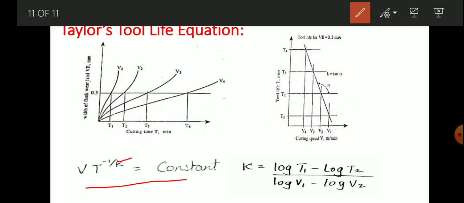K is the slope of the V-T diagram on the log-log graph and is given by K is equal to log T1 minus log T2 divided by log V1 minus log V2. The constant in this equation depends upon the work and the tool material. So this was about Taylor's tool life equation, and this finishes our first unit. Thank you.